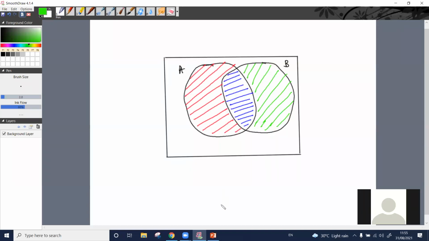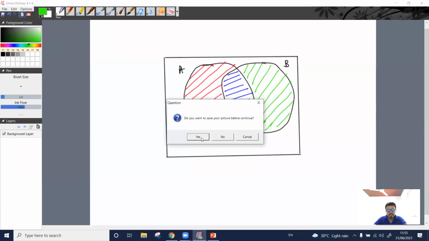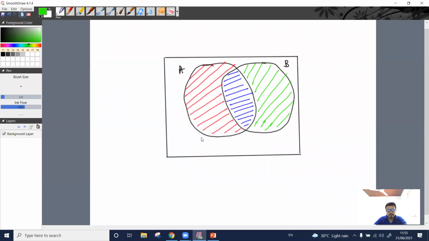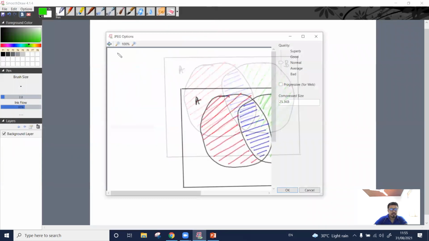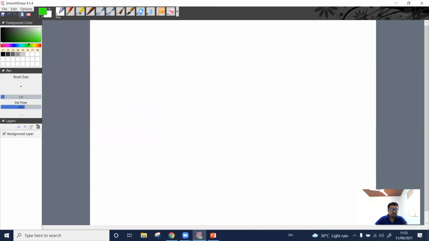A or B. Yes, area belongs to A or B. So that is how it should be when there are two sets. Right. We'll discuss the same using three sets now.